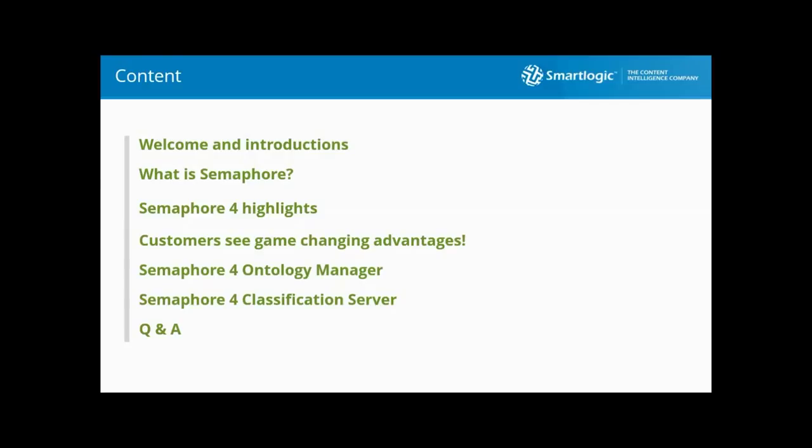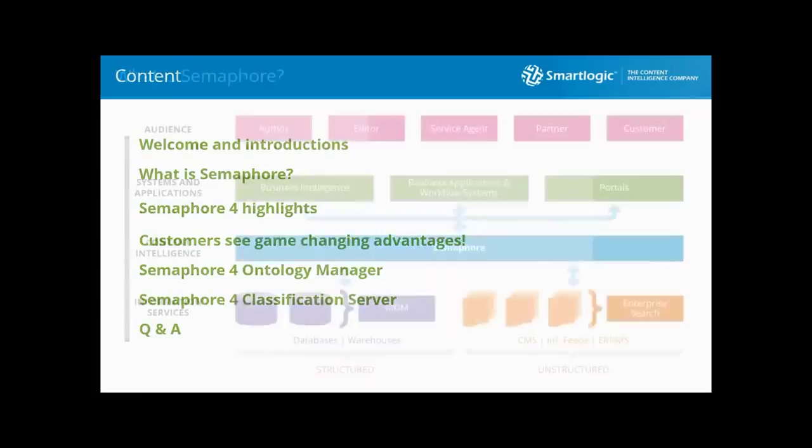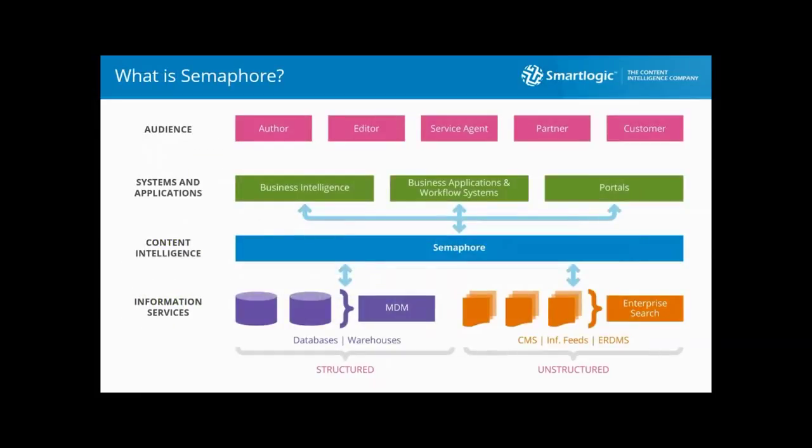We'll talk about several of the beta customers who are seeing significant game-changing advantages, and then we'll go into a little more detail on the changes in Semaphore 4 Ontology Manager and Semaphore 4 Classification Server, and then we will get to questions.